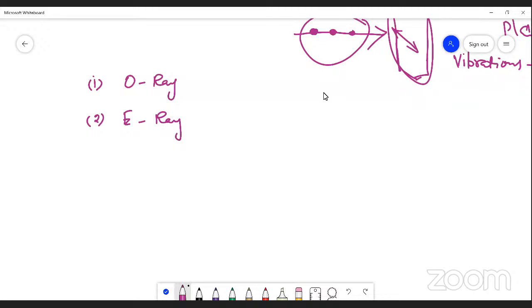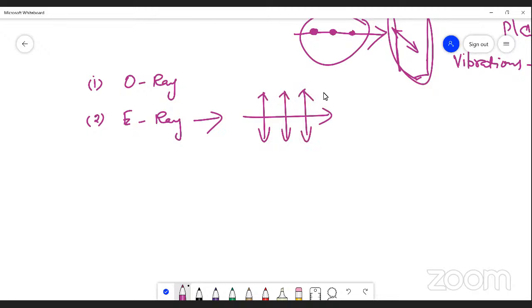Yes, sir. When unpolarized light is incident on the crystal, the ordinary ray has its electric vector perpendicular to the principal section of the crystal. The extraordinary ray has its electric vector parallel to the principal section of the crystal. Am I right? These rays are plane polarized.